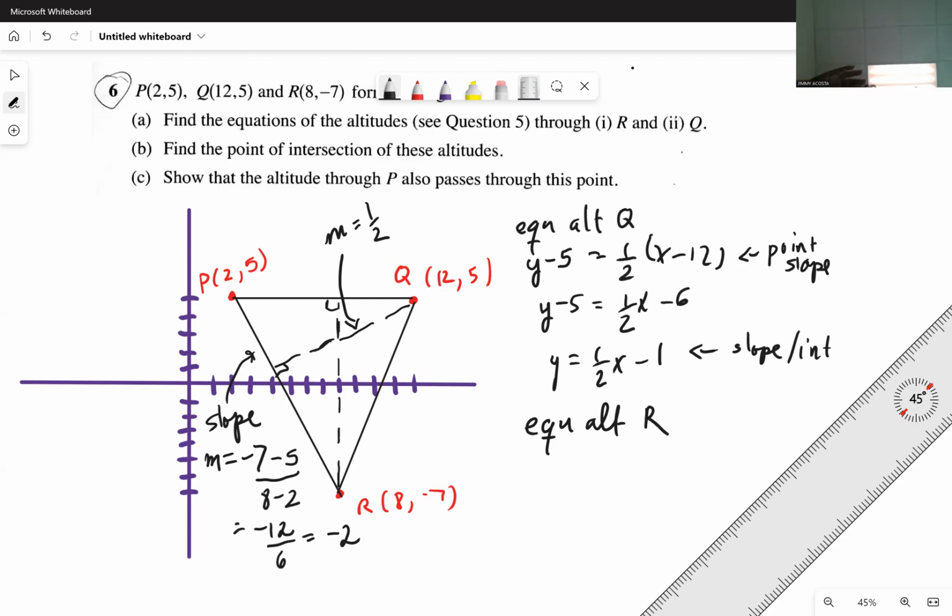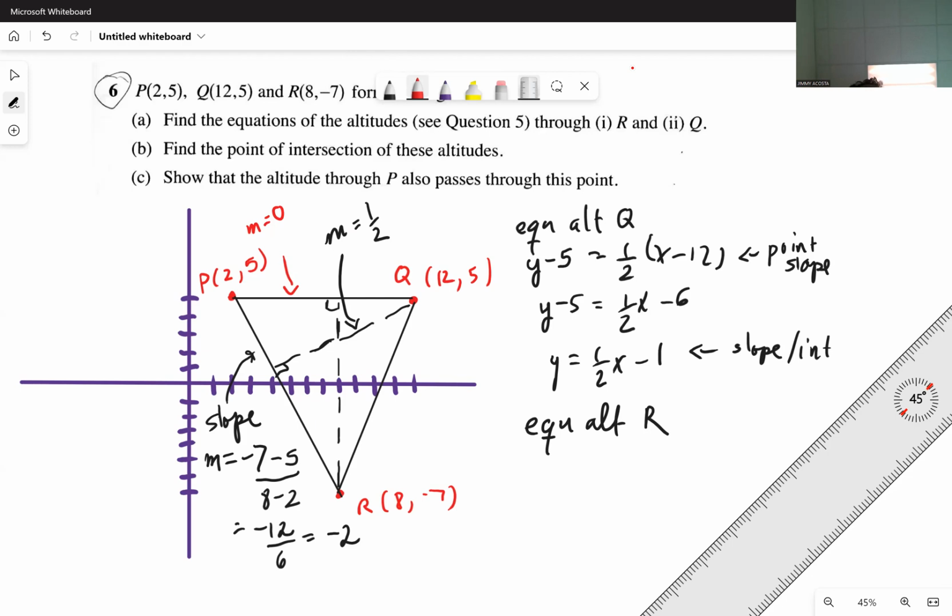Now, you can clearly see that if you did the slope for this guy here, the slope is 0 because it's a horizontal line. If you did 5 minus 5, it's 0. 12 minus 2 is 10. 0 divided by 10, 0. So what is the perpendicular slope to that? Well, there's no perpendicular slope. It's undefined.